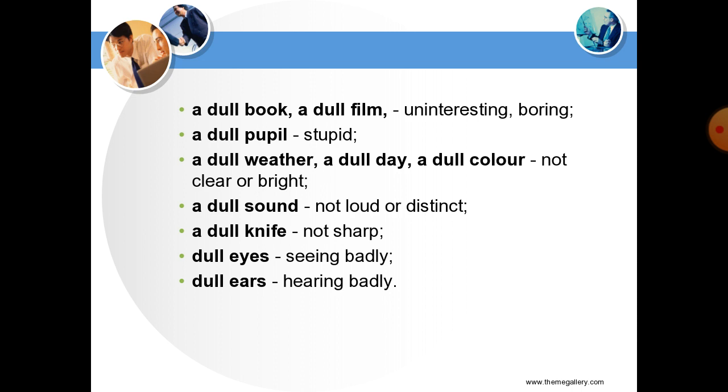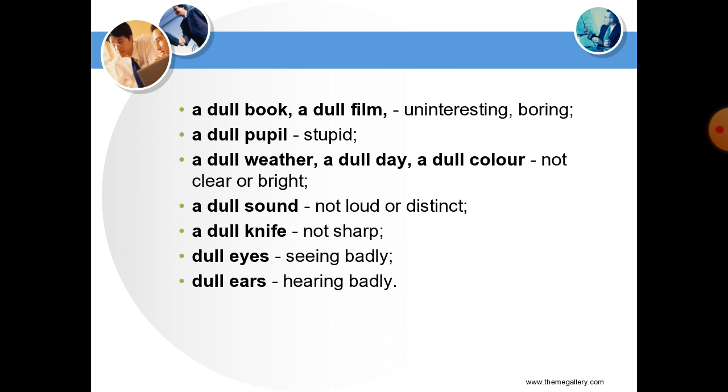The first, a dull book, a dull film, means uninteresting, boring. The second, a dull pupil, means stupid. The third, dull weather, a dull day, a dull color, means not clear or bright.